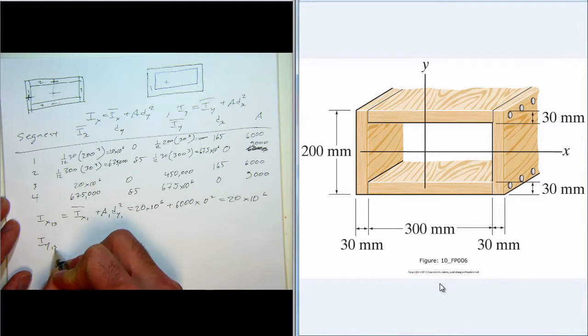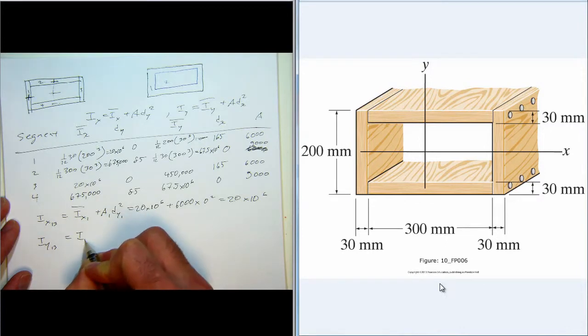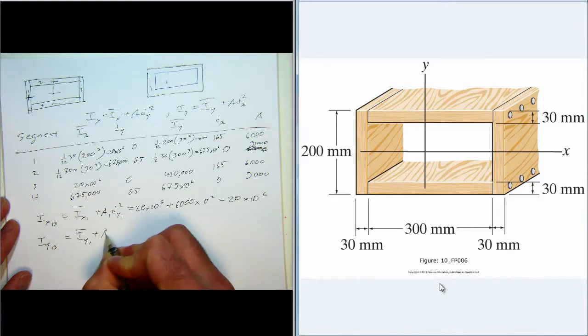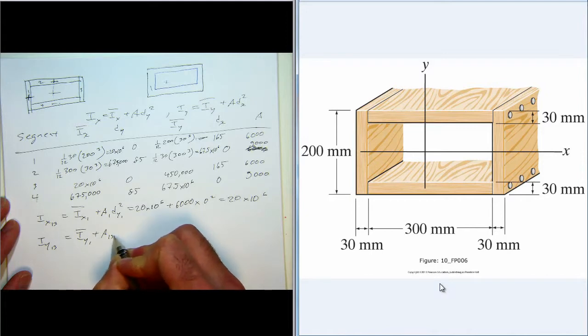Iy for 1 and 3 is Iy bar plus A dx1 squared.